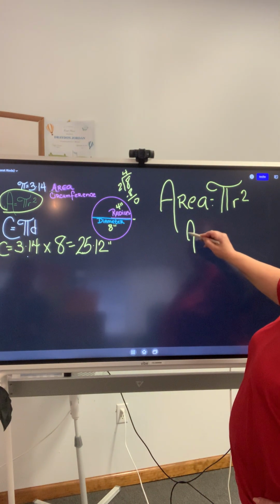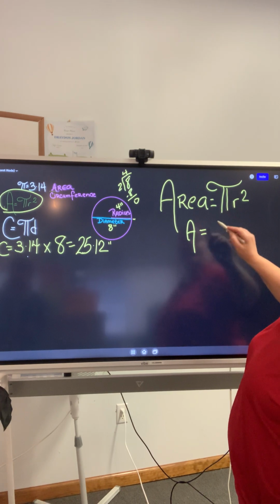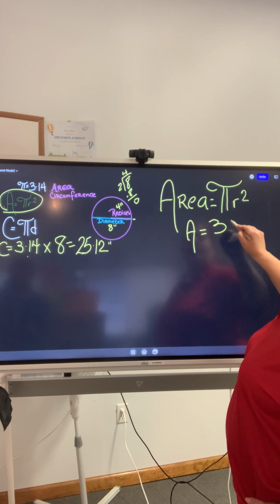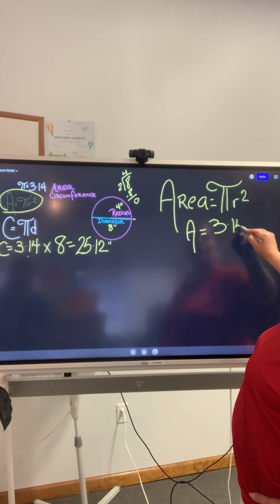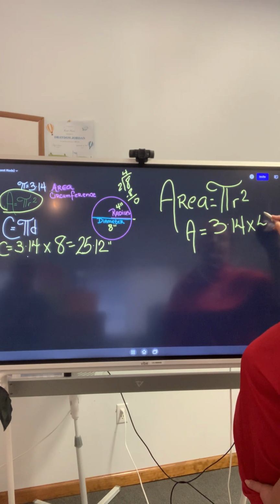And now that we figured this out, then it's only one thing we need to do. We will say area equals, we know that pi is 3.14 times, my radius is 4, but it's not just 4, it's 4 squared.